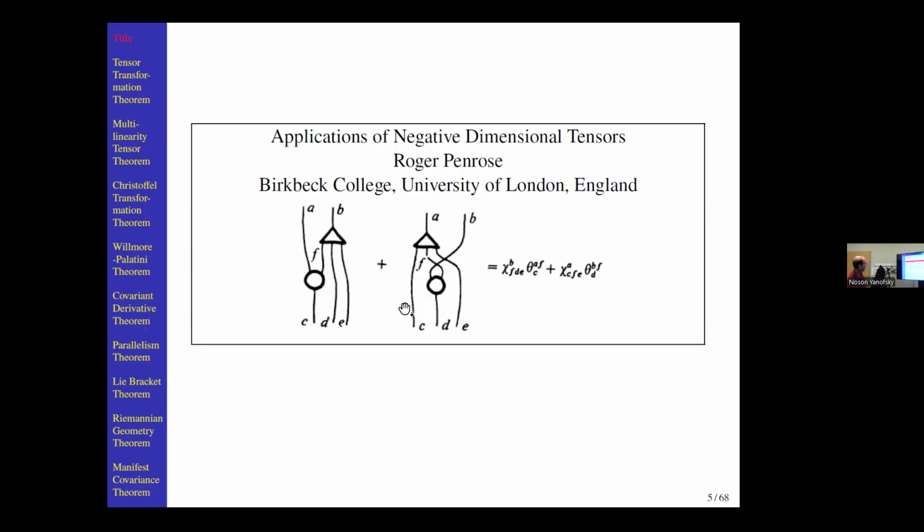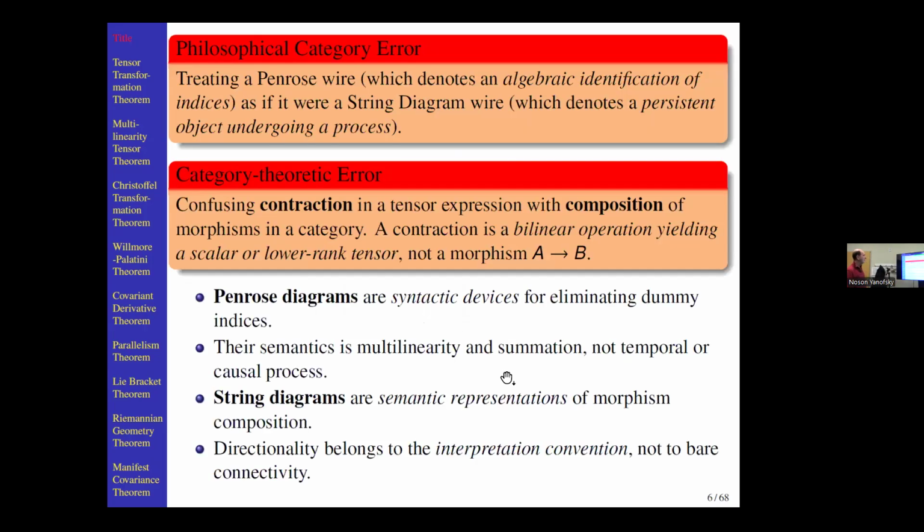So here's the kind of observation that I hope is worthwhile, but you'll tell me whether I'm making a mistake. I believe there are two category errors in this context. One, philosophically speaking, the string diagrams in monoidal category theory are not about contraction. They're about the flow of process.